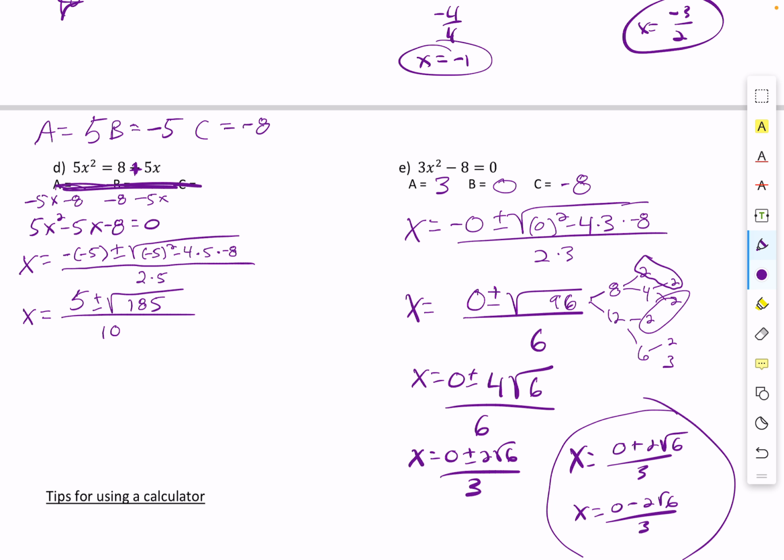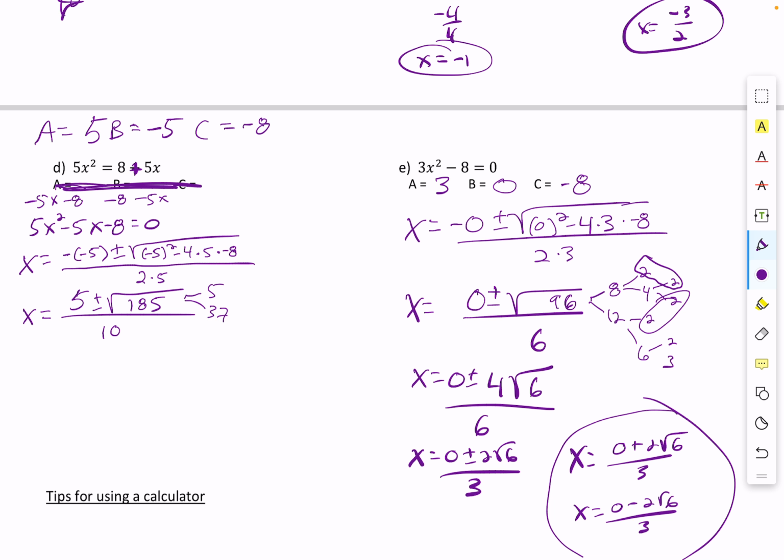Sadly, it's not. So I gotta make my factor tree. So tell me a number that goes into 185. 37 and 5, good. Okay. If it ends in 5, I know I can always start with 5.